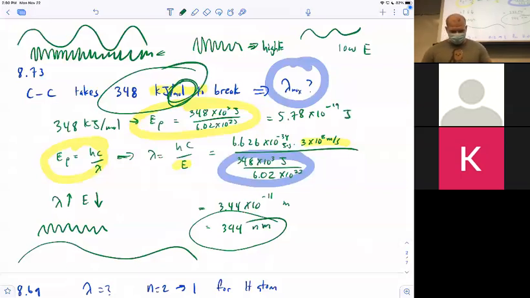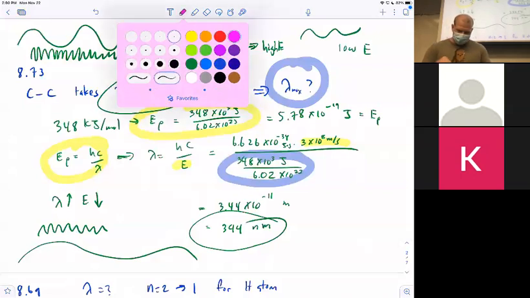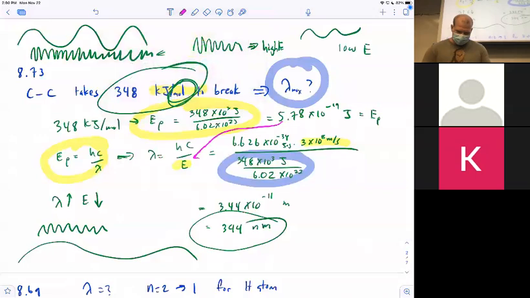So that is the energy. The photon's energy has to be 5.78 times 10 to the minus 19 joules. And so you take that number and put it in that equation, and hc over that energy gives you 344 nanometers.